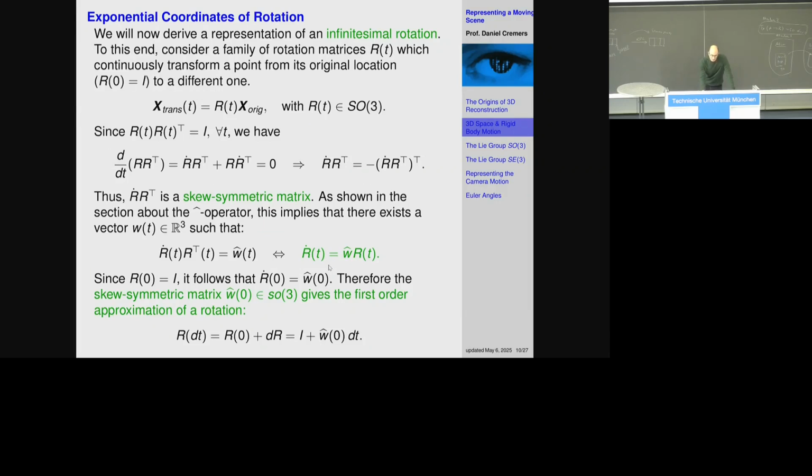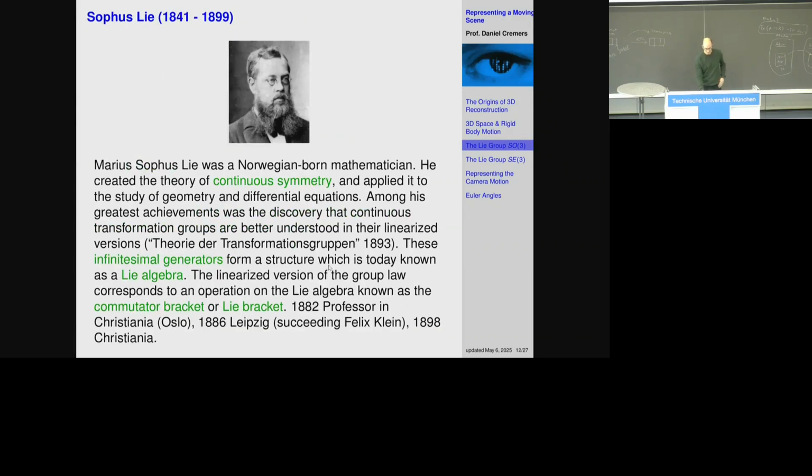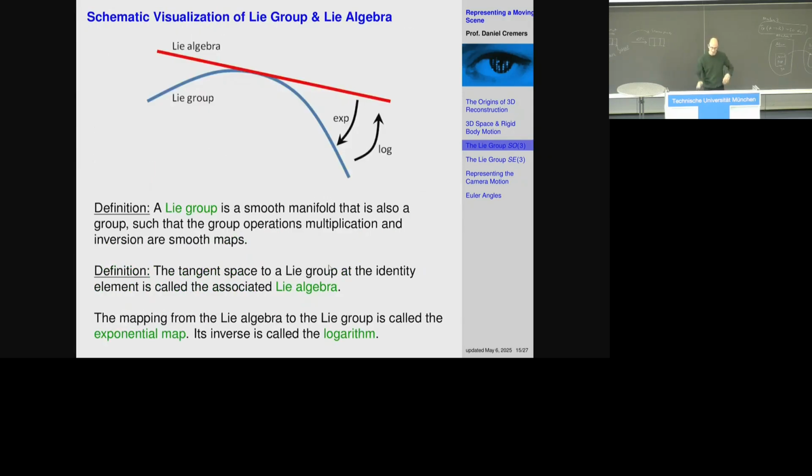And the space of W hats forms a linear space in itself. So this space is a three-dimensional space here, the Lie algebra, and it's spanned by the 3x3 skew-symmetric matrices. They form that linear space, and it's a linear space once you take it at the origin.